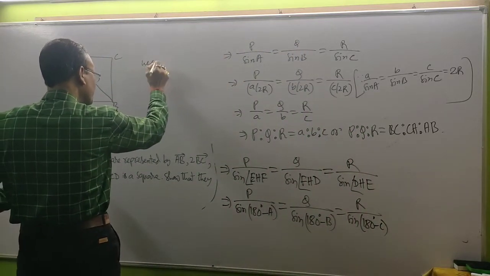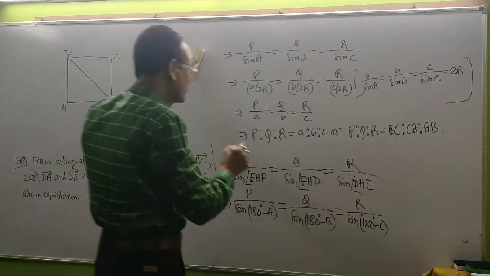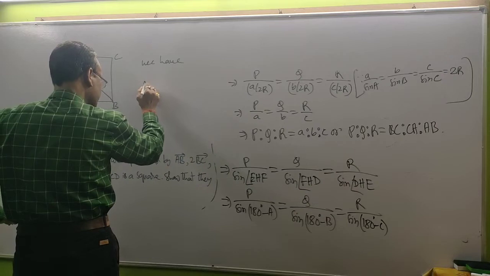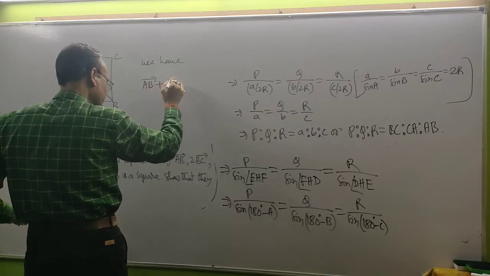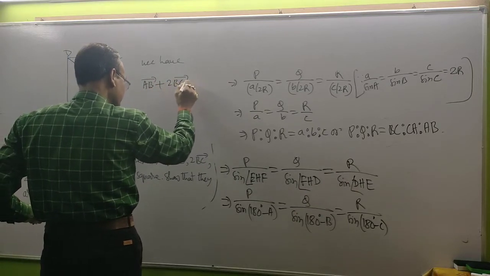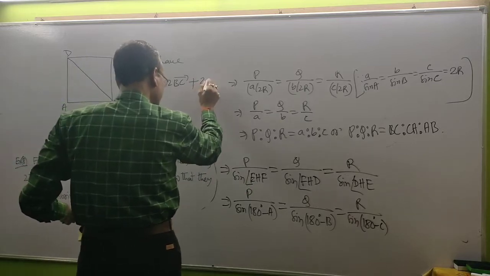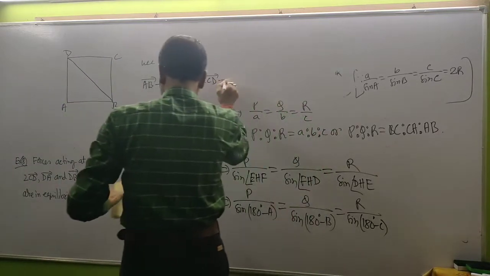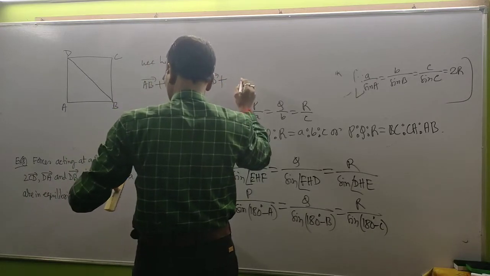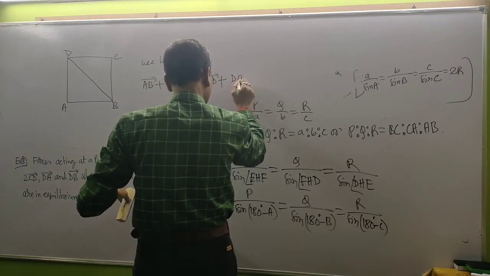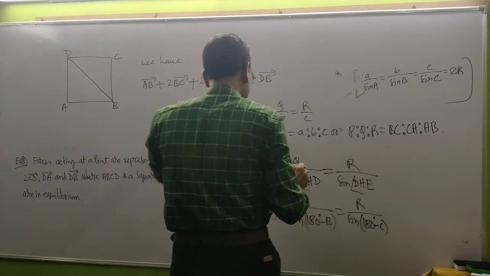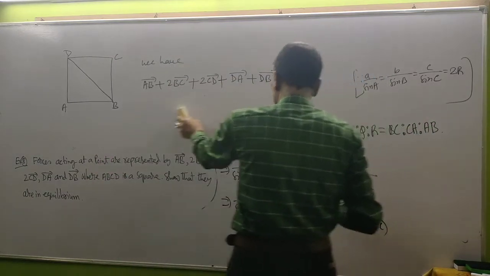We have AB plus twice BC plus twice CD plus DA plus DB.